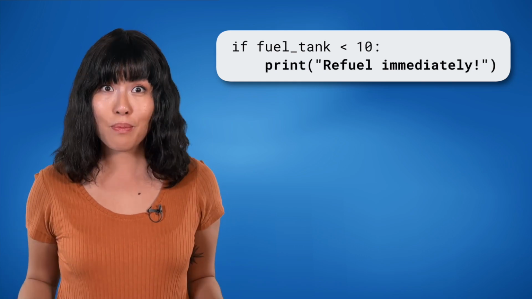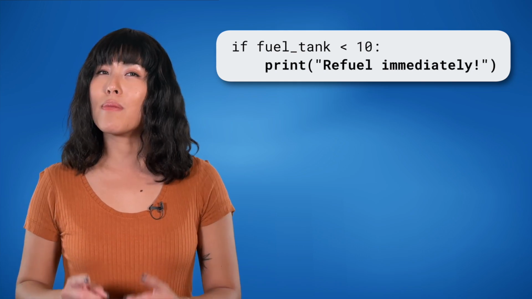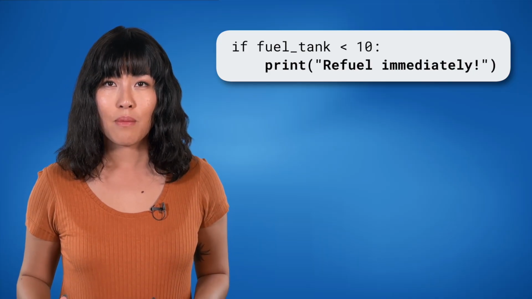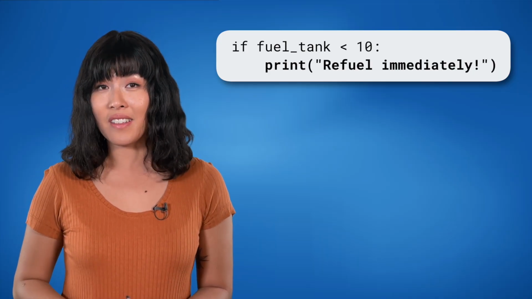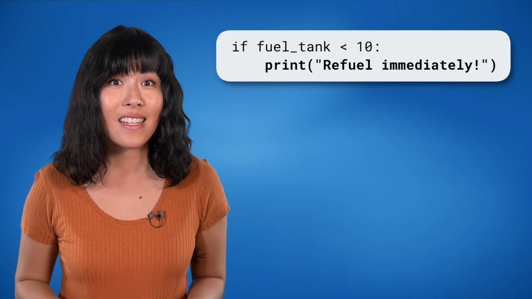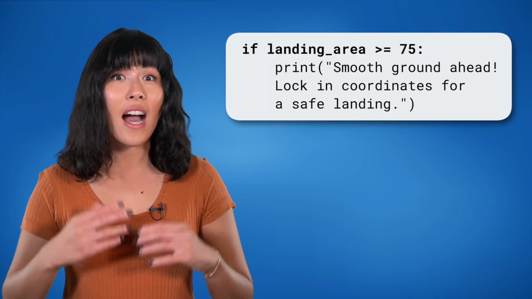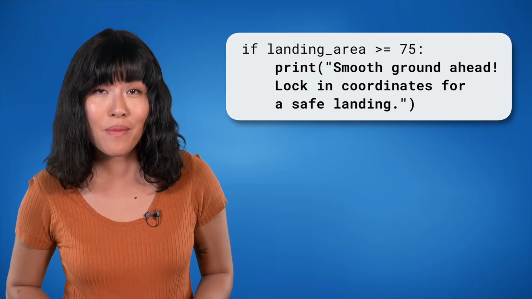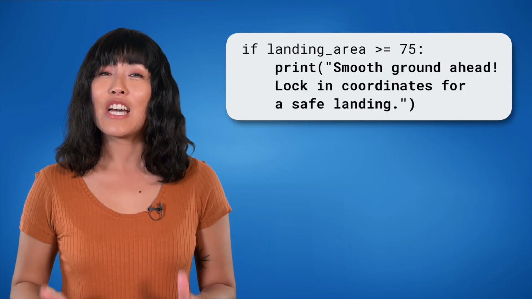left floating in space. Or maybe we're looking for landing spots in the vastness of space, but how do we pick the best one? We have a system that scans and gives us the clearance score. If the landing score is higher than or equal to 75, it means we've spotted a premium patch of space real estate to touch down on.